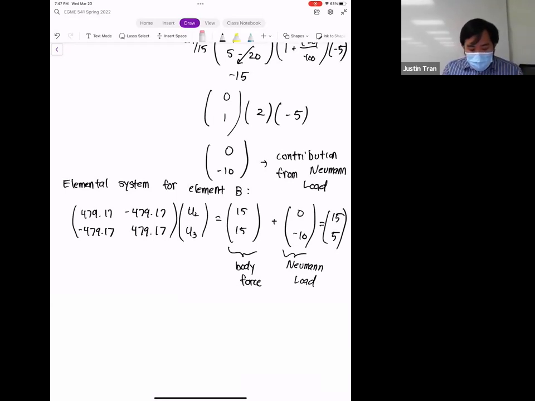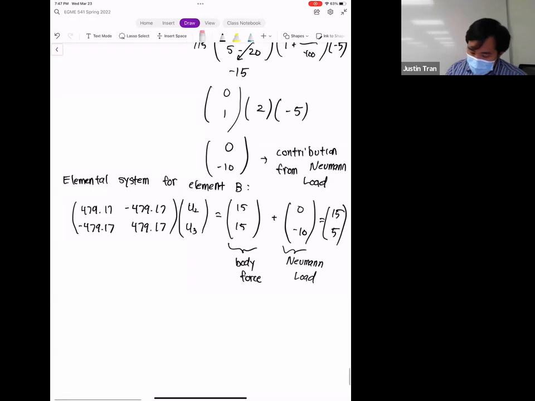All right, but that's all the new stuff, and so that's the hard part. Now we can do a part that we're all familiar with, which is assembly. Now that we have the element stiffness matrices for A and B, as well as our elemental forcing vectors, let's assemble the giant system.